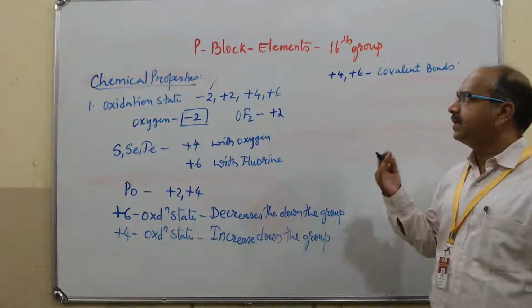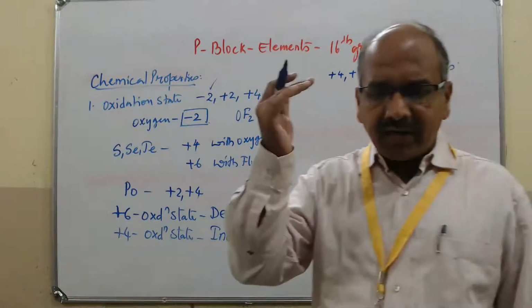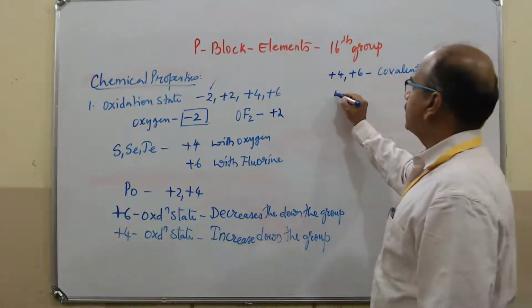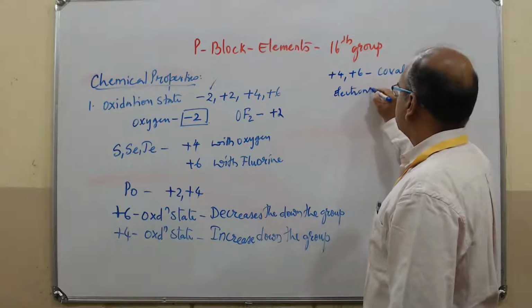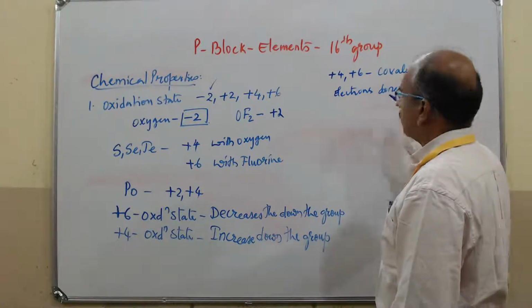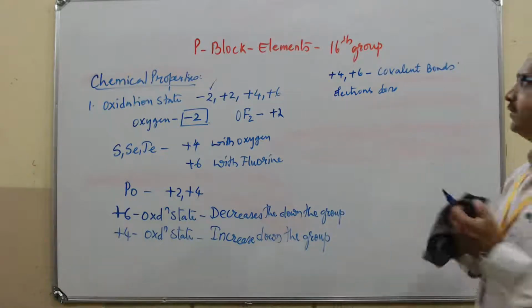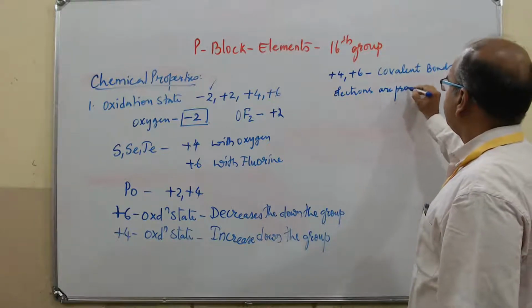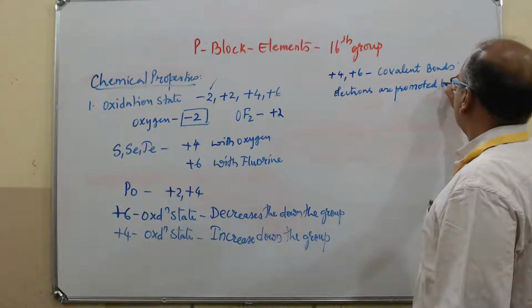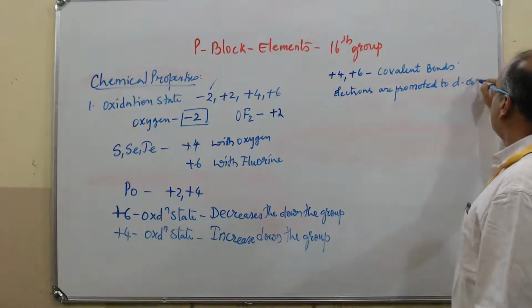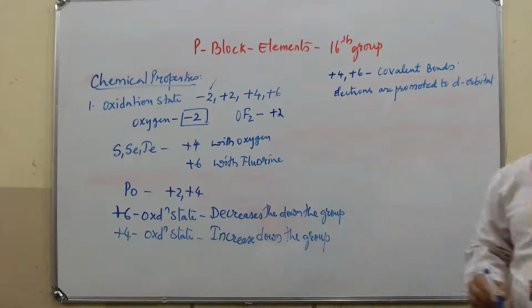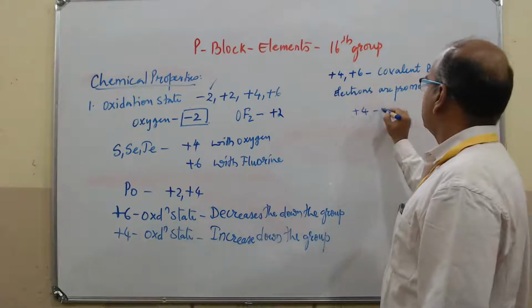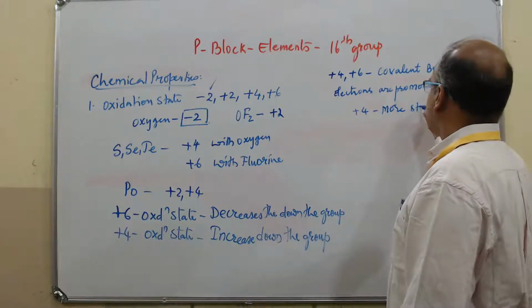Electrons are promoted, not donated, to the d orbital, and down the group the +4 oxidation state becomes more stable.